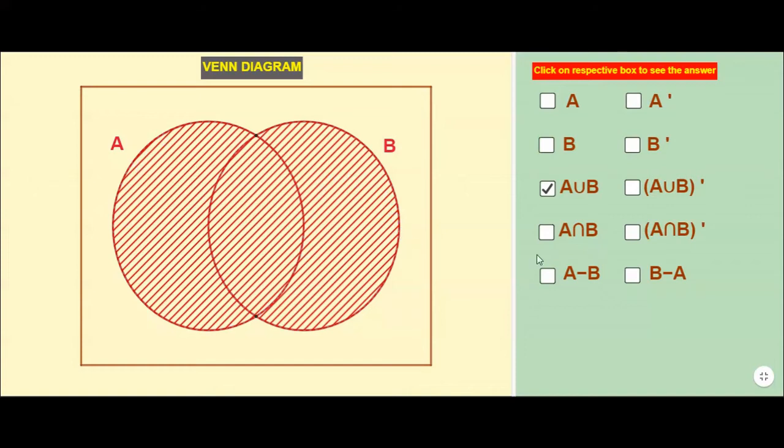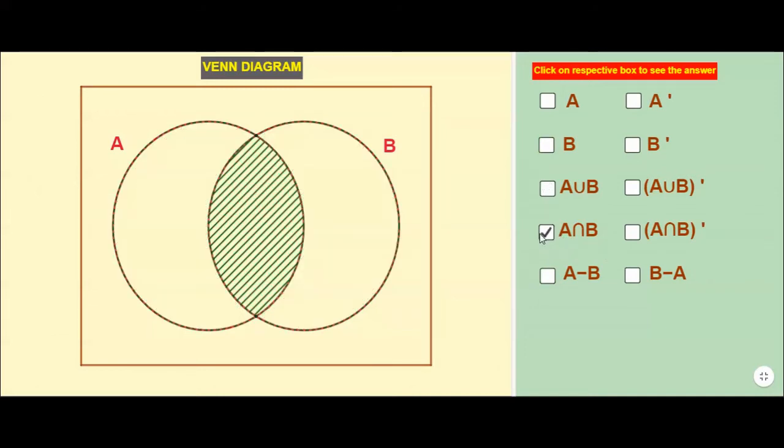Now let us move to intersection of two sets A and B, that is A intersection B. Since intersection of two sets A and B is the set of elements which is common to both A and B, when I click on it, as you can see, I get a shaded portion which covers the region where the two circles representing the sets A and B are overlapping.